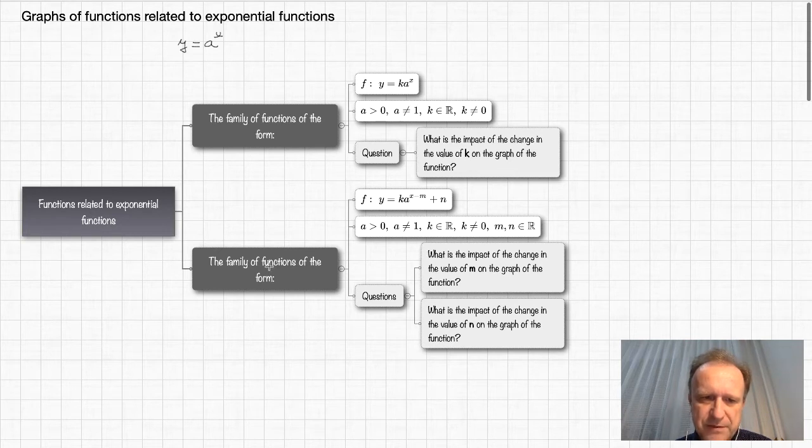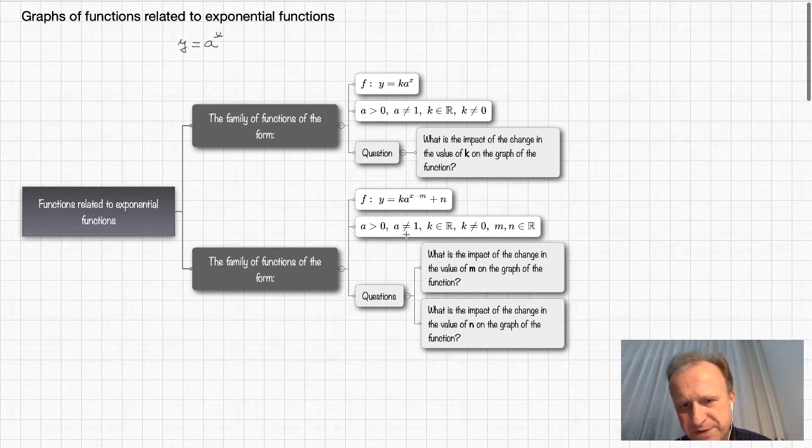Now let us move to the second family of functions that we are going to investigate today, and it's the family of functions f in the form y equals k times a to the power of x minus m plus n, where here are the conditions for these parameters. A is the base with usual conditions.